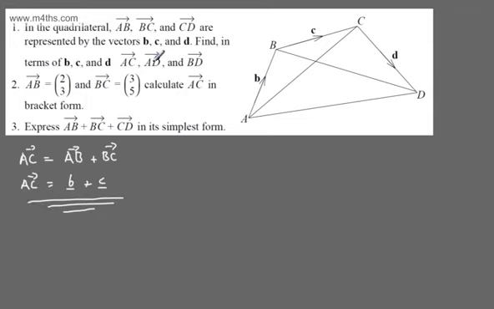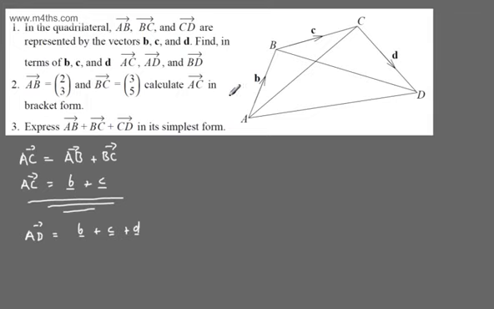If I wanted the vector AD, I know a route I could take, given these vectors, is A to B, B to C and C to D. So I could say that the vector AD would be equal to the vector B plus the vector C plus the vector D. And this would give me the resultant, which is AD.